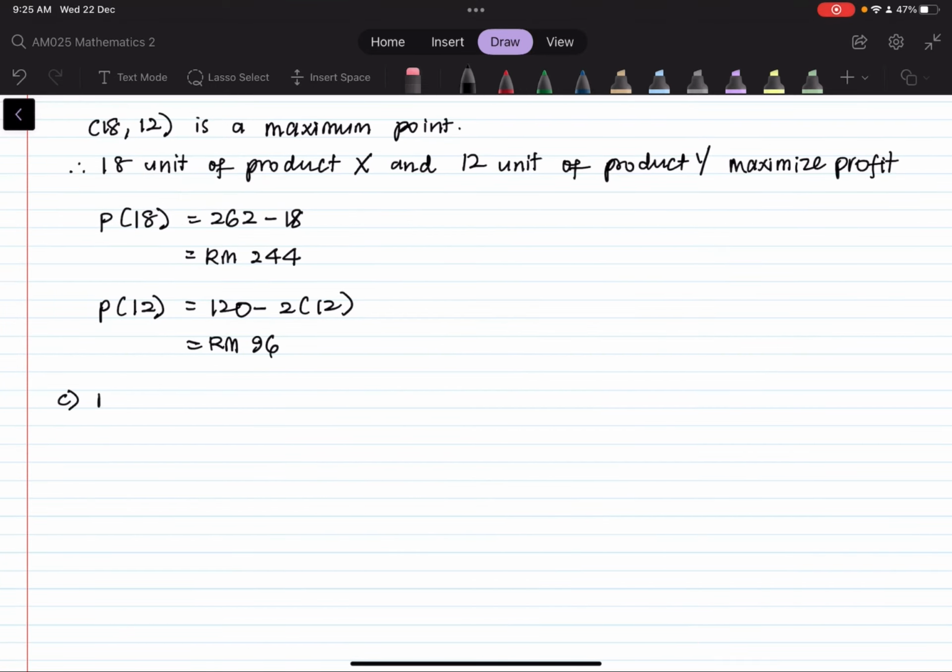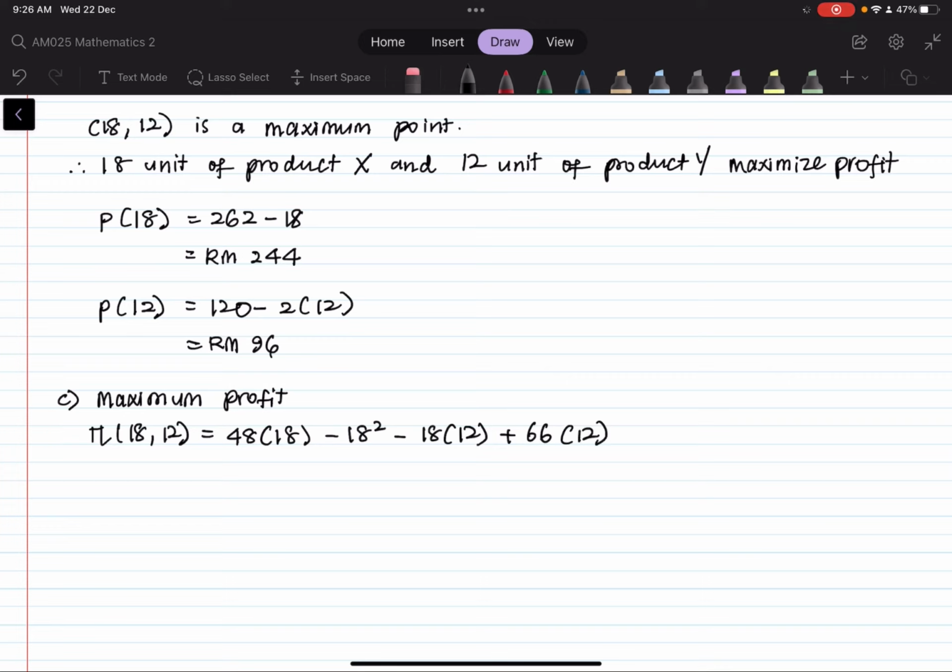To find the maximum profit, we substitute 18 and 12 into the profit function. 48 times 18 minus 18 squared minus 18 times 12 plus 66 times 12 minus 2 times 12 squared, which is RM 828. So that's it.